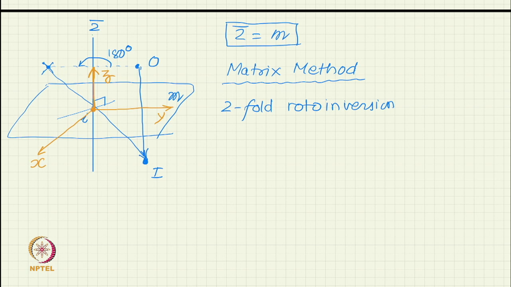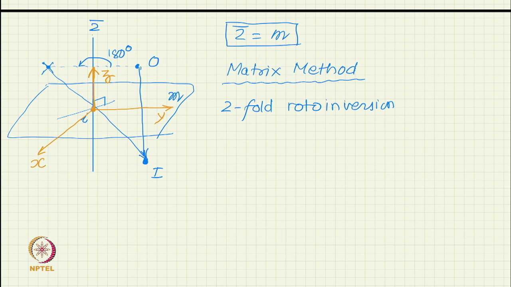See, geometrically when I was doing, and I told you that 2 bar is m, I did not need x, y and z axes, I only needed the axis and the center and the mirror plane. But now if you want to write a matrix for the symmetry operation, you require where is the origin and what are the axes. So, this is a convenient set of axes for two-fold roto-inversion.